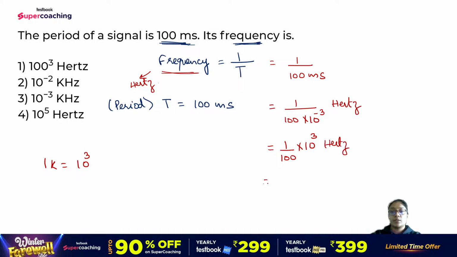So this is 10 raised to power minus 2 kilohertz. That is nothing but option 2. Is this clear?